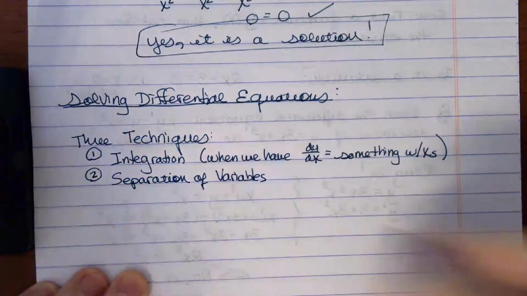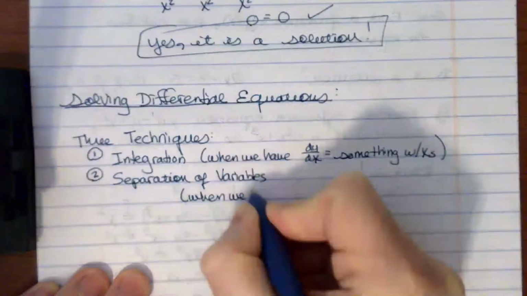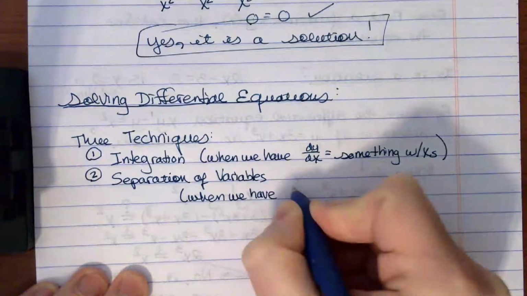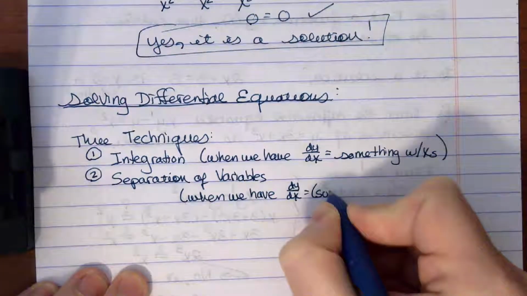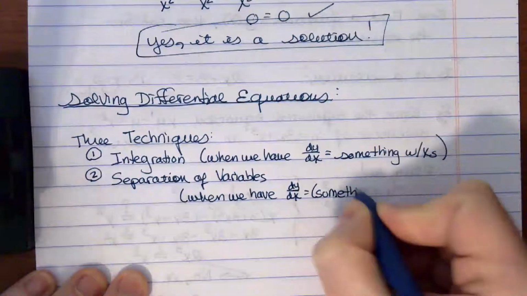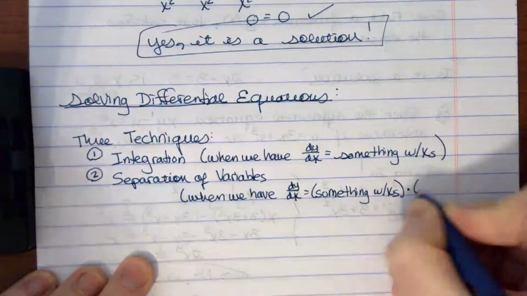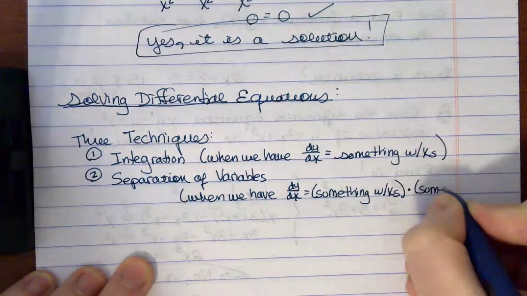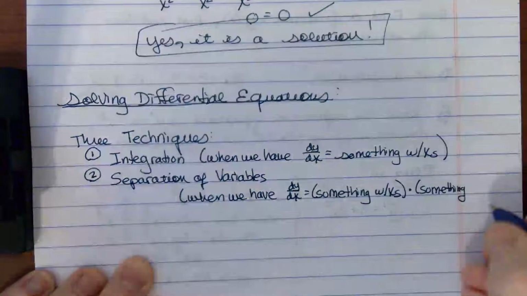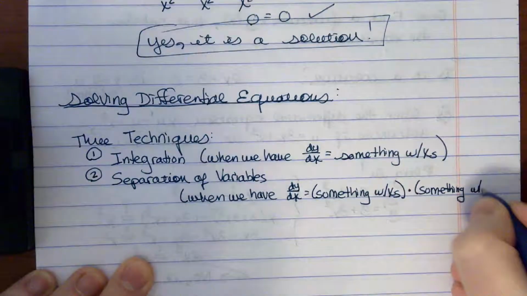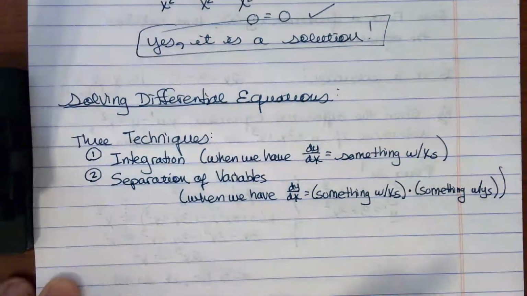And we can use that method when we have dy/dx equals the product of something with x's times something with y's. We'll deal with this in just a moment.